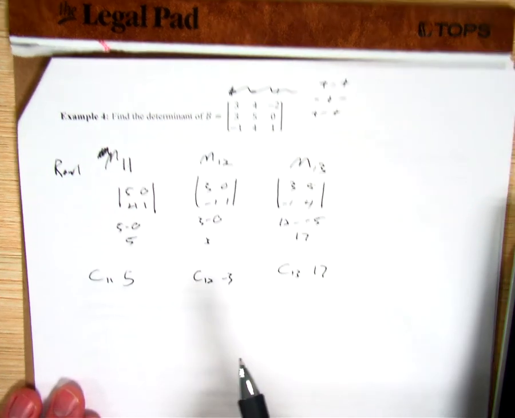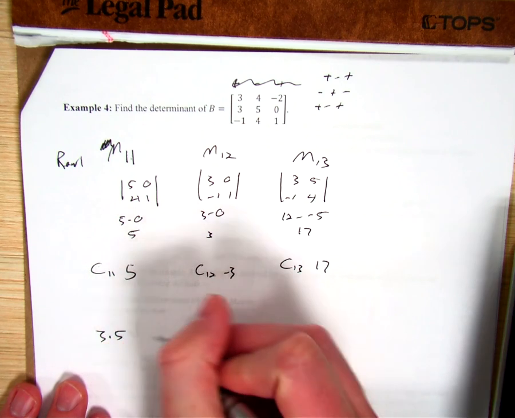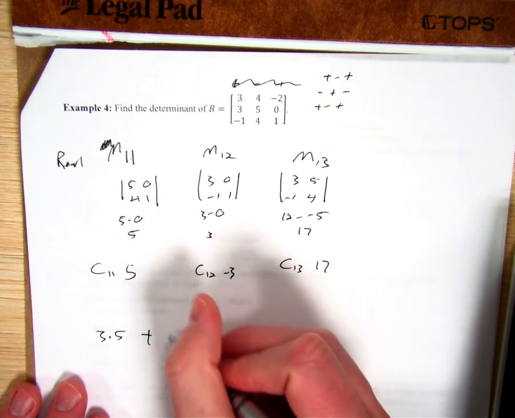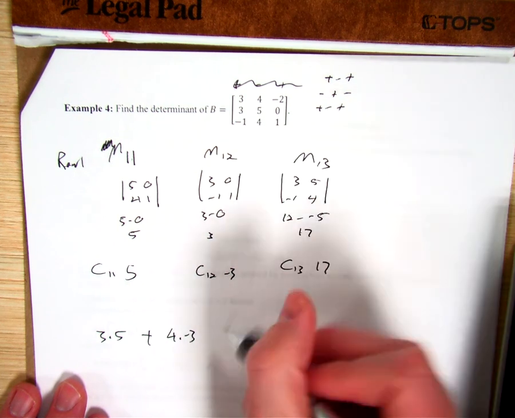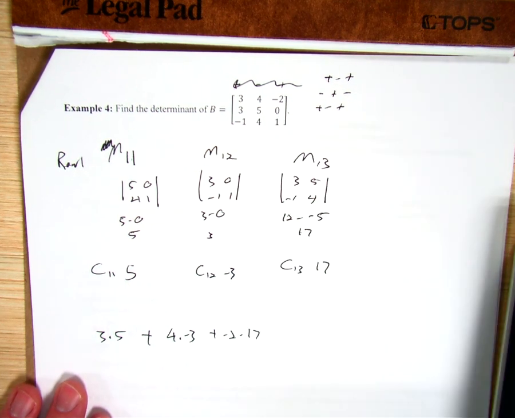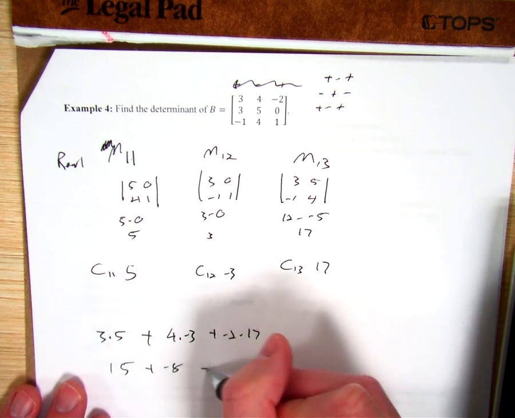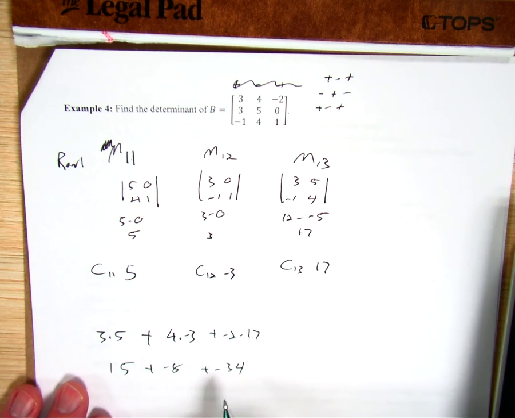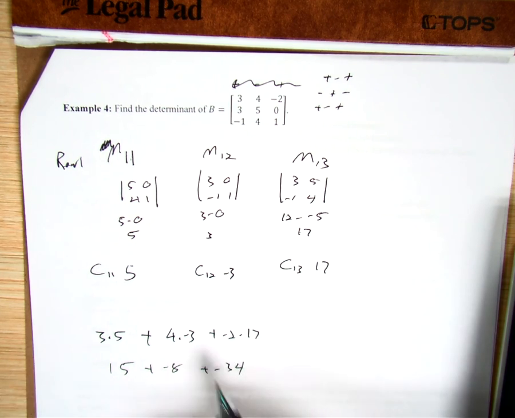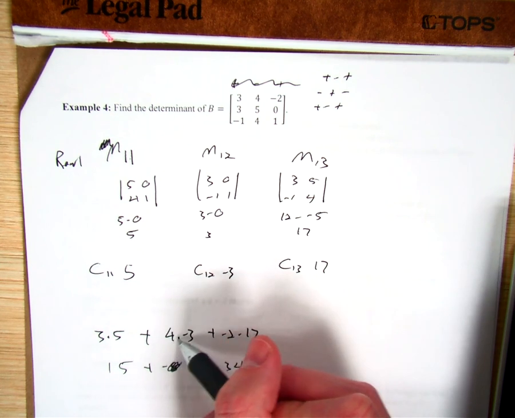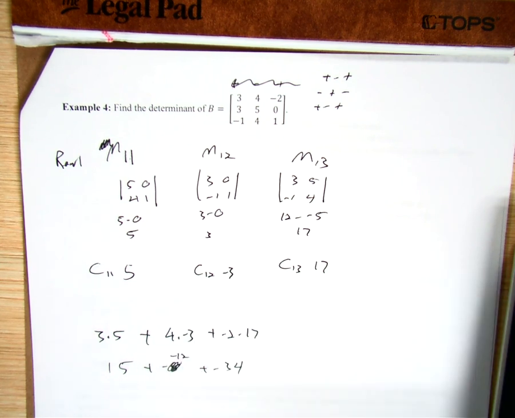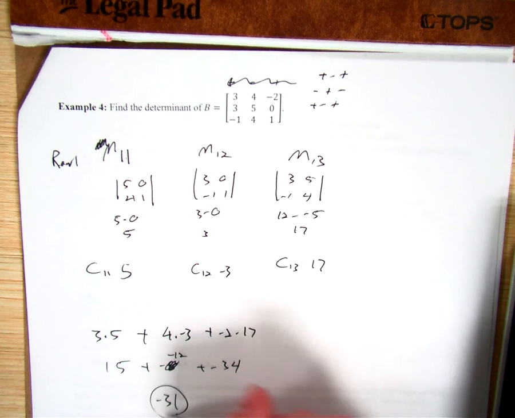So we got 3 times 5 plus 4 times negative 3, and then plus negative 2 times 17. 15, negative 8, negative 34. Not negative 8. 3 times negative 4, we got negative 12. Going too fast. Okay, so we got negative 46 and 15 for a negative 31 for our determinant.